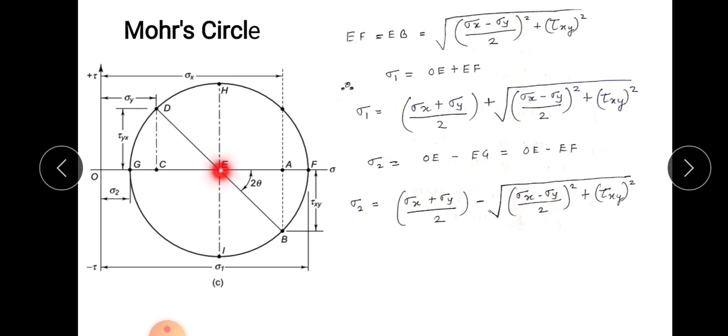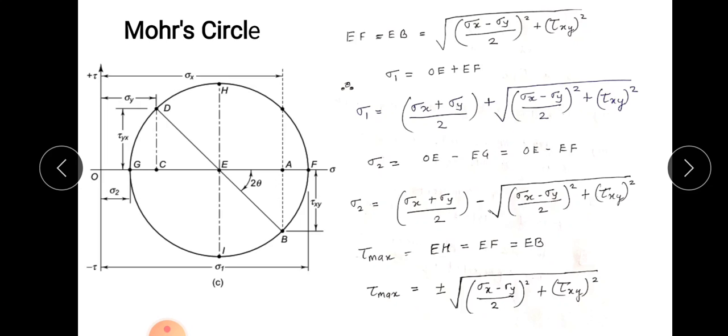So sigma 2 is equal to OE minus EF. Sigma 1 is equal to OE plus EF, sigma 2 is equal to OE minus EF, so there is just a change in the sign. So sigma 2, the minimum normal stress, is nothing but (sigma x plus sigma y) by 2 minus the square root of the same expression. So now I have got the equation for sigma 1 as well as sigma 2.